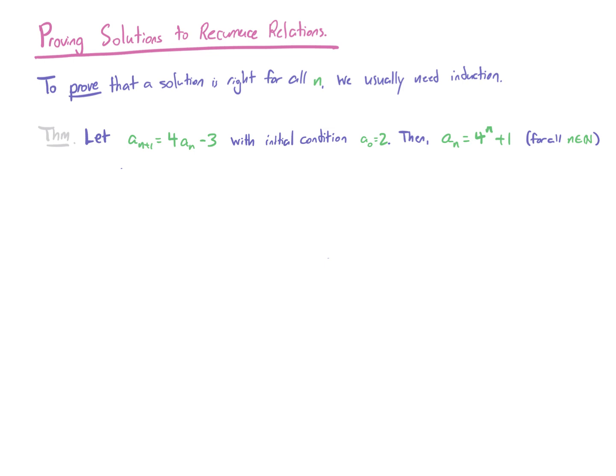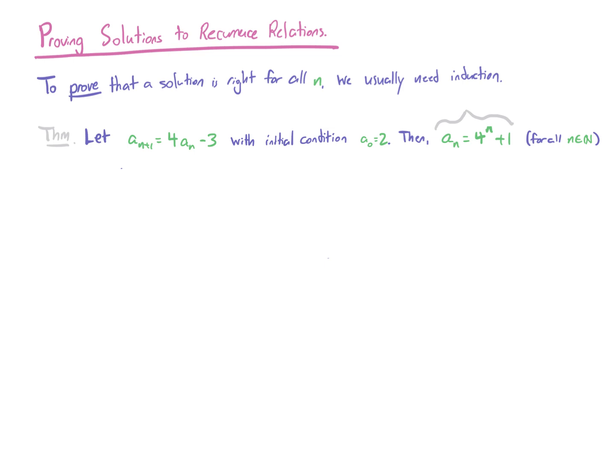The thing that we need to recognize is that this formula describing the nth term of the sequence A is true as a description of the sequence defined by this recurrence relation.